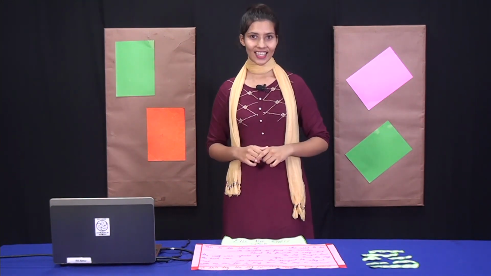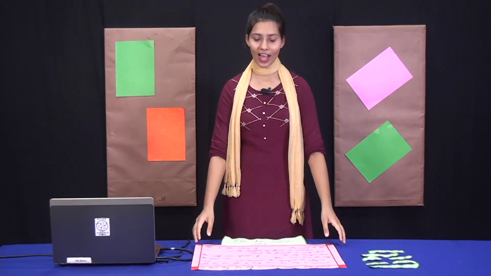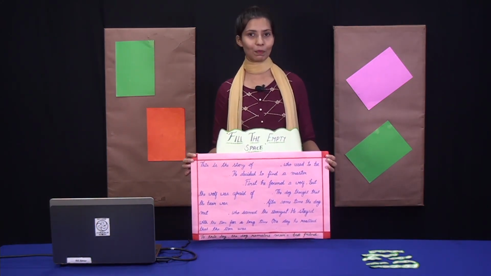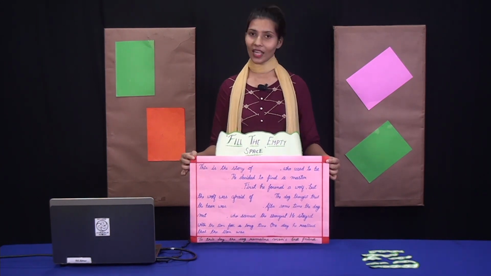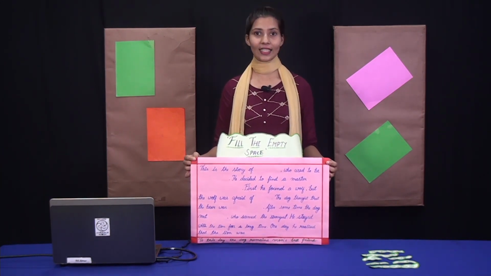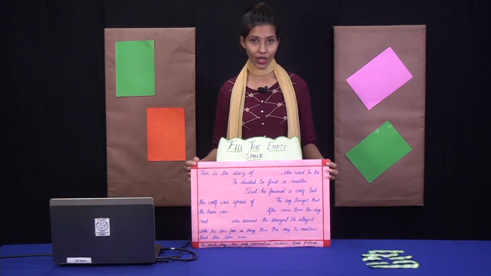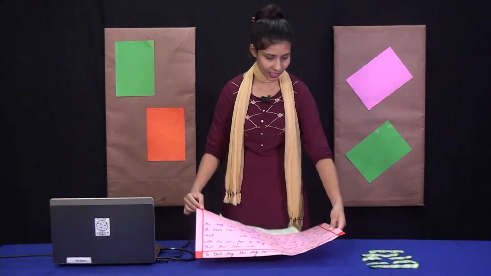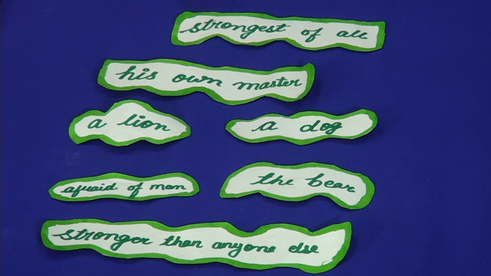Now, students, let us play a game. And the title of our game is Fill the Empty Space. Here, you can see that I am having a chart with some empty spaces. And here you can see that I am having some cloud shape paper cutouts that are randomly arranged.